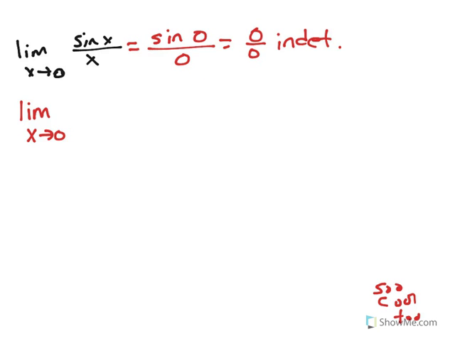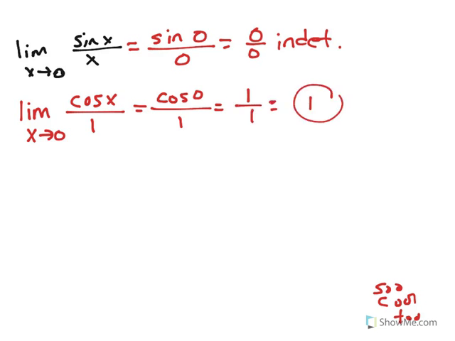The derivative of the sine of x is cosine of x over 1, which is equal to the cosine of 0 over 1, which is equal to 1 over 1, which is equal to 1. Which tells me the limit as x approaches 0 of sine of x over x is 1.